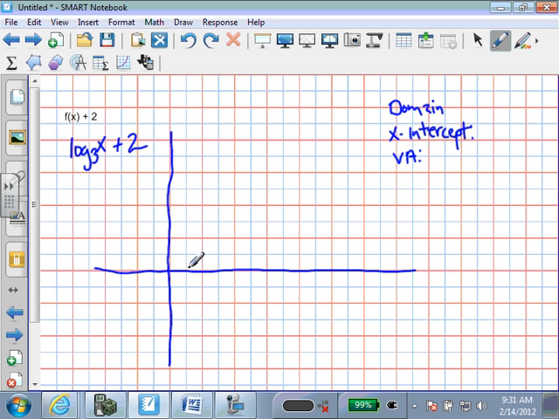So we had a point at 1, 0, so that moves up 2. We had a point at 3, 1, so that moves up 2. We had a point at 9, 2, so that moves up 2. We had a point at 1/3, negative 1, so that moves up 2. We had a point at 1/9, negative 2, so that moves up 2.